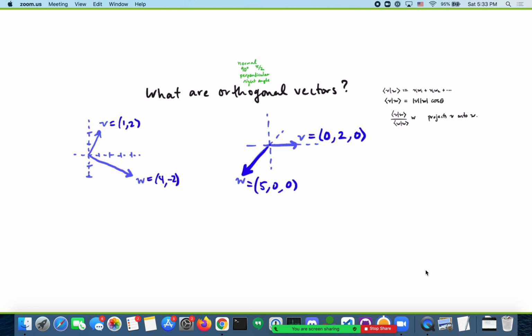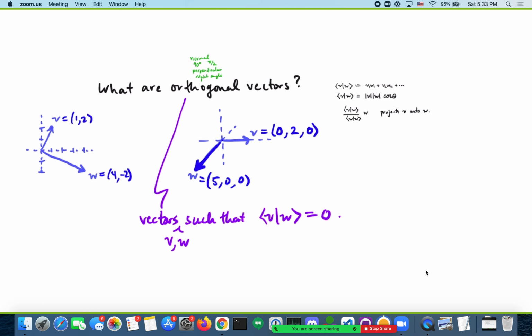So what are orthogonal vectors? Answer: vectors, maybe V and W, such that the dot product is 0. That's it. In any dimension, this is what it means to be orthogonal.